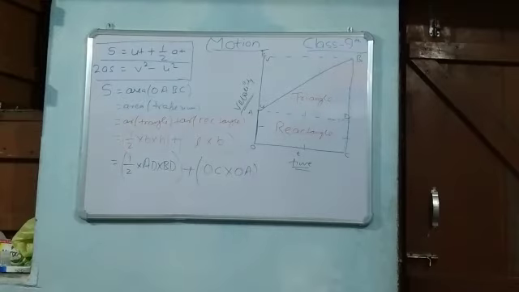We know that OC represents time, and OA represents initial velocity.